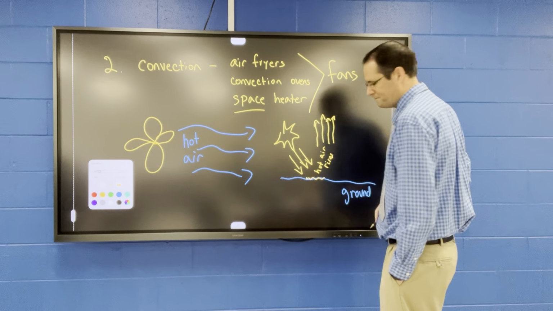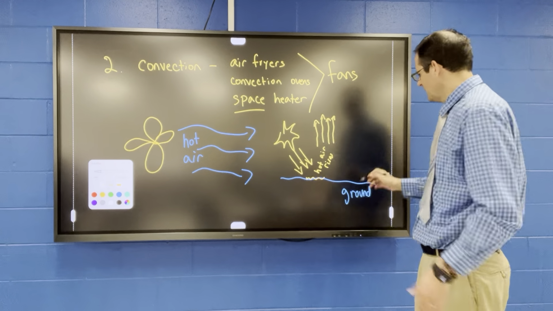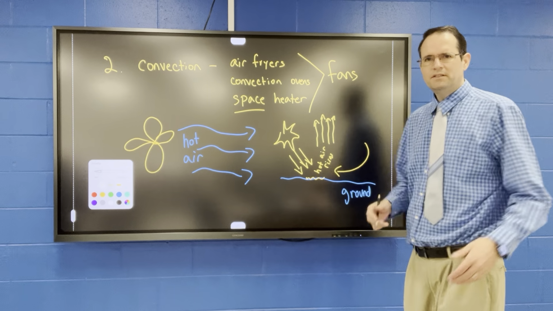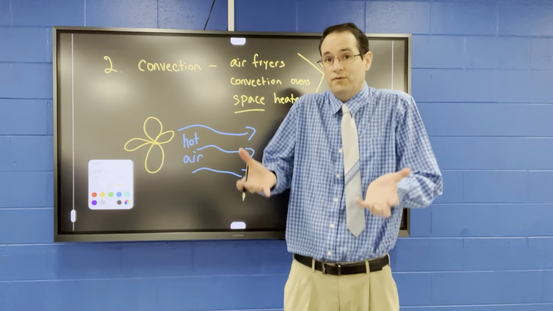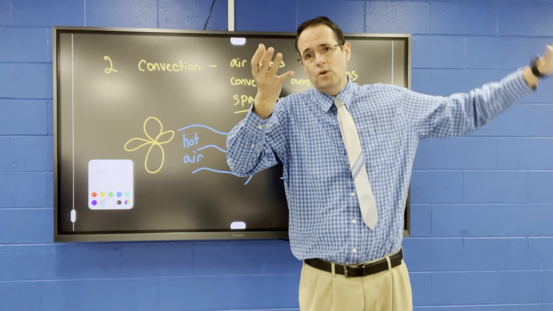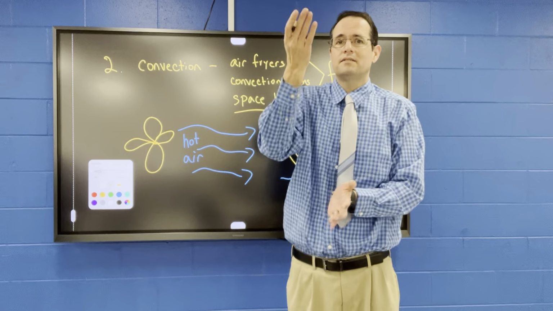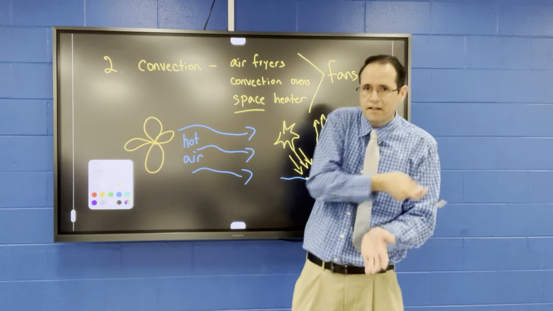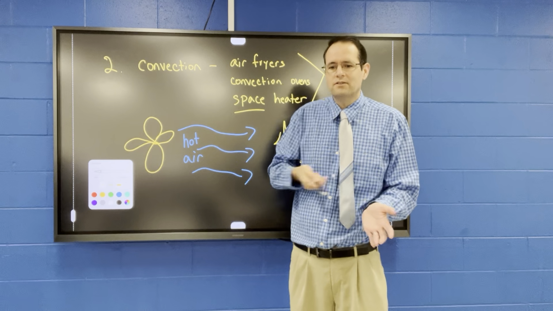Okay? So it rises up, and then cool air is going to come in, right? So if the air leaves that location, it has to be filled by something else. So cool air is going to come in, hot air rises up, and so you can get convection currents that kind of go in a cycle, okay?